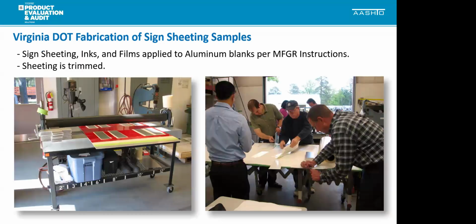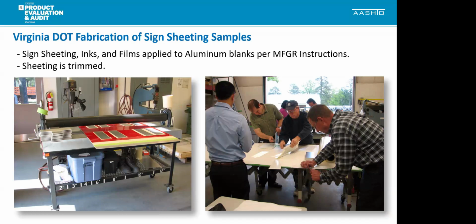So once the sheeting is accepted and we've received it in the sign shop, we will invite each manufacturer to come to the sign shop, and we'll fabricate the samples with the manufacturer's expert overseeing the fabrication.